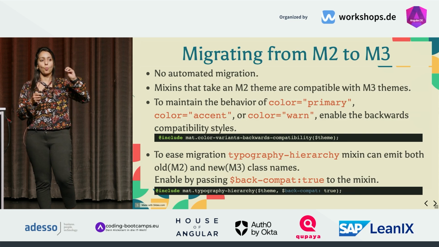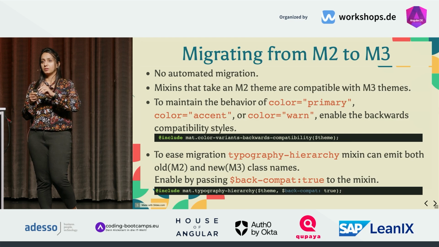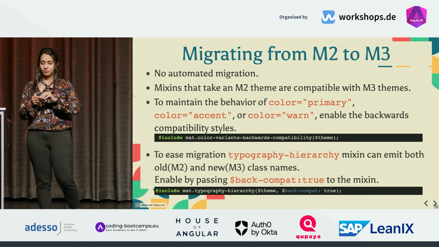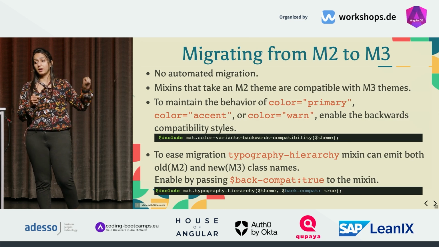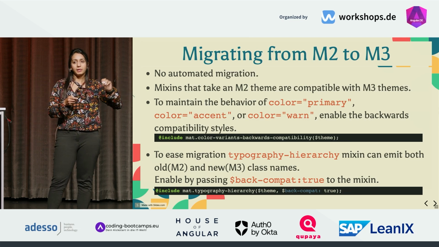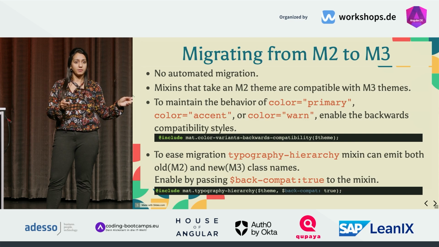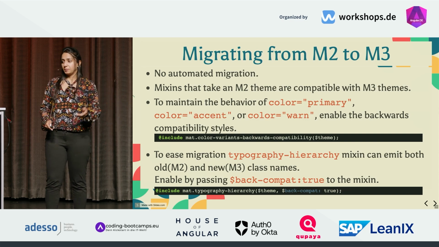You can focus on one Material component at a time, or if you're using Material to style your custom components, you can focus on one component at a time and migrate as and when you go. And once you're done with it, you get rid of all the M2 references, and you have the default, which is the M3 APIs.